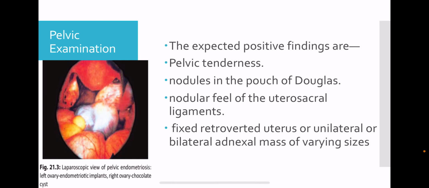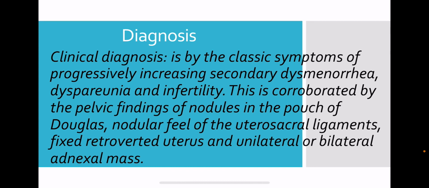So guys, what are the positive findings in the pelvic examination? There is tenderness, nodules in pouch of Douglas, nodular feel of uterosacral ligament, fixed retroverted uterus and tubo-ovarian mass. The diagnosis. Clinical diagnosis is by the classic symptoms of progressively increasing secondary dysmenorrhea.